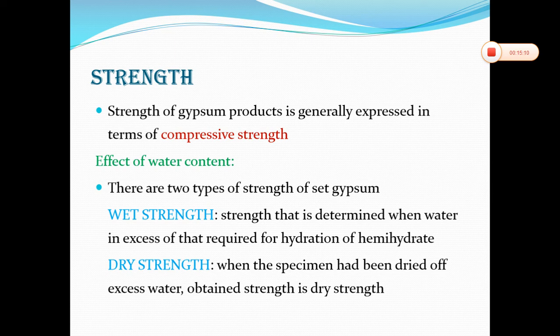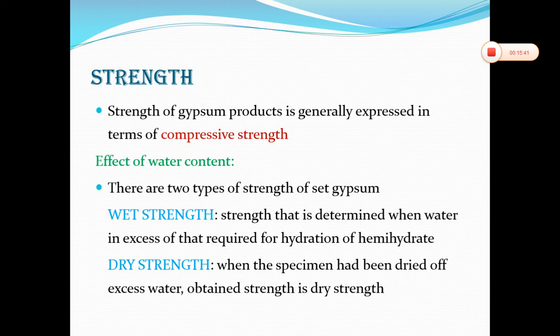Wet strength is the strength determined when water in excess of that required for hydration of hemihydrate is present. When you mix powder and water, some amount of water is left over after the hemihydrate dissolves. At that time the product has some water in it. That is known as wet strength.